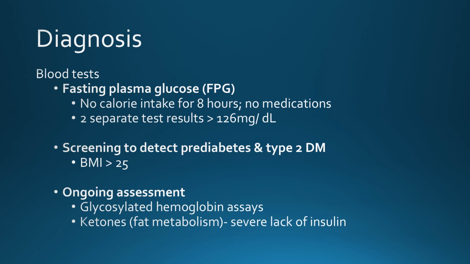So this would be encouraged for those patients who are at high risk, because the sooner we start treating these high levels of glucose, the greater chance we have of reducing their risk of those complications related to it.